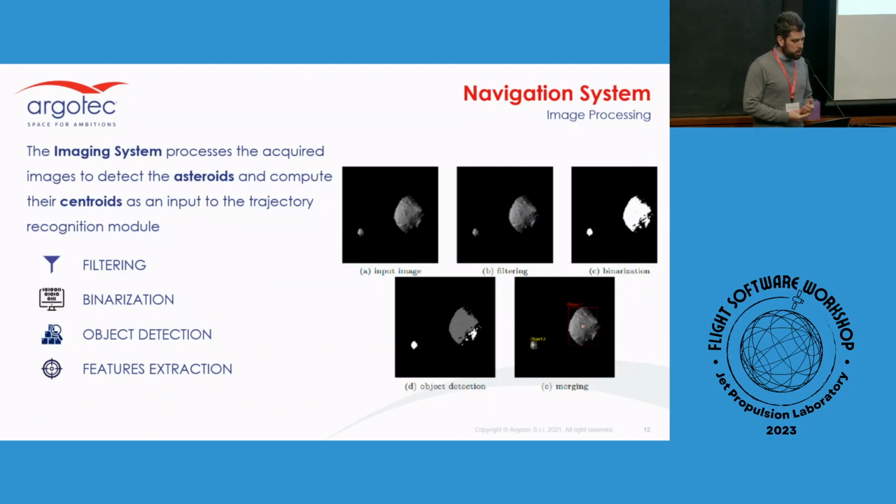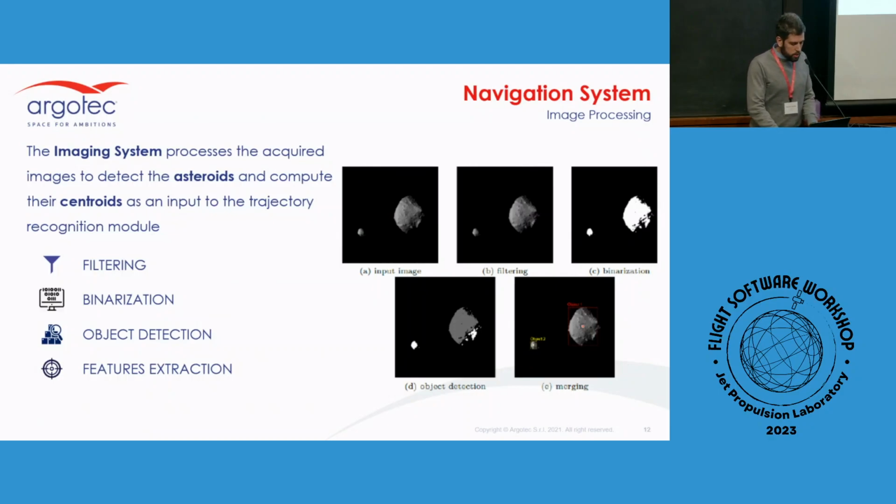Then we had object detection and feature extraction, whose final target was to get from the picture information about the position of the asteroids relative to the picture frame, and also their characteristics in terms of dimensions and dispersion of the pixels.